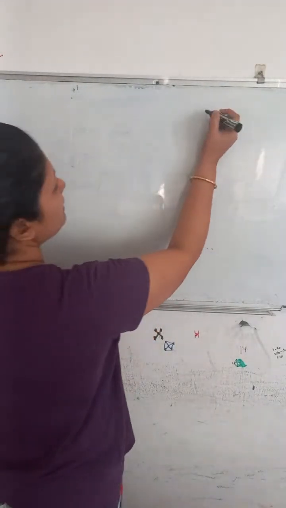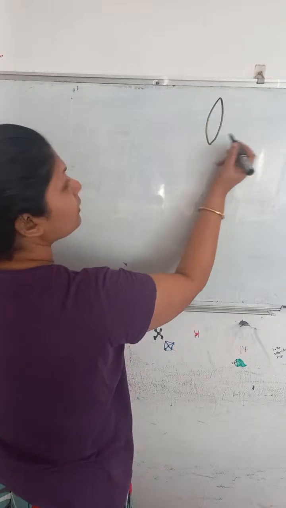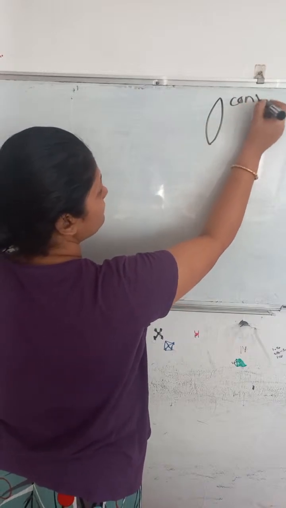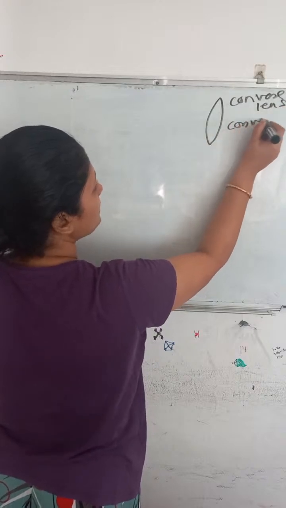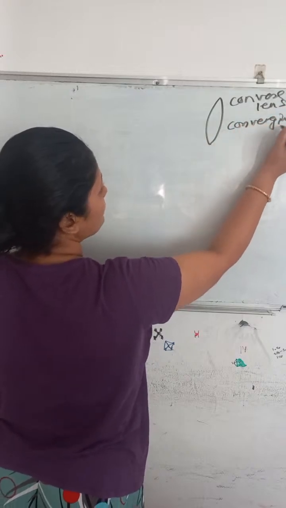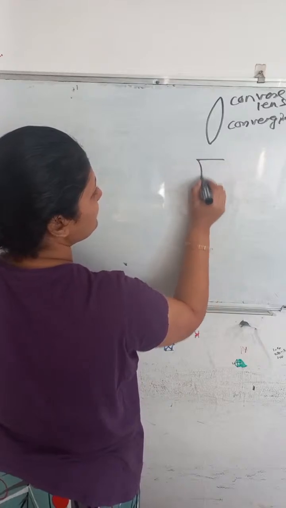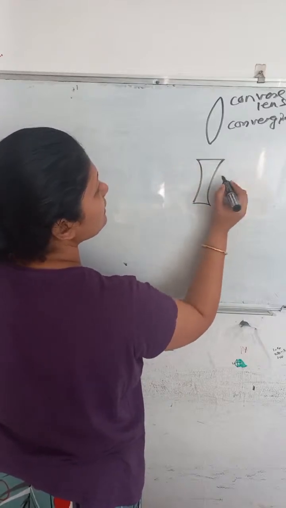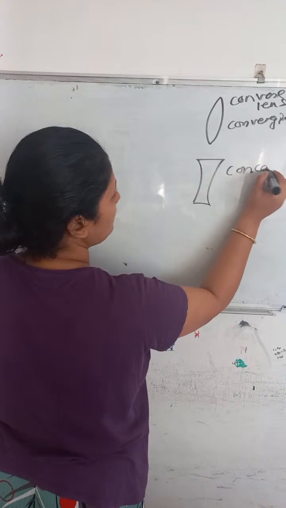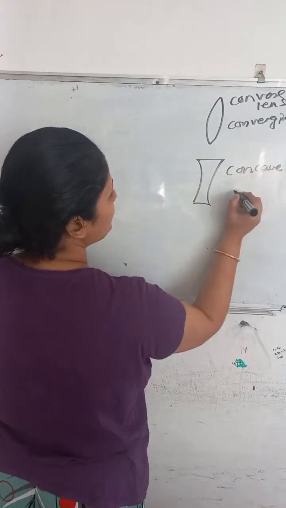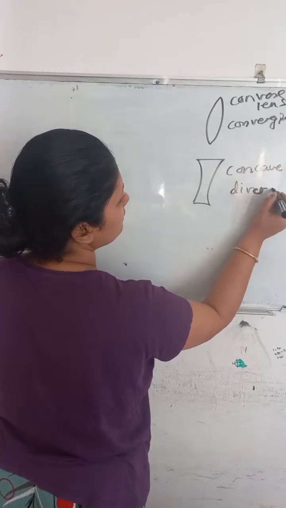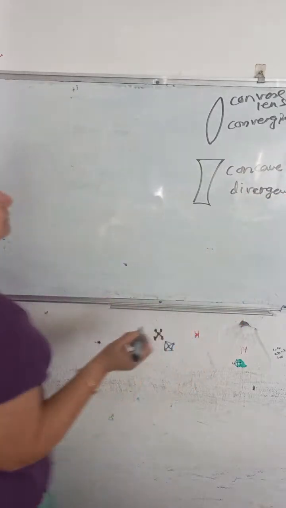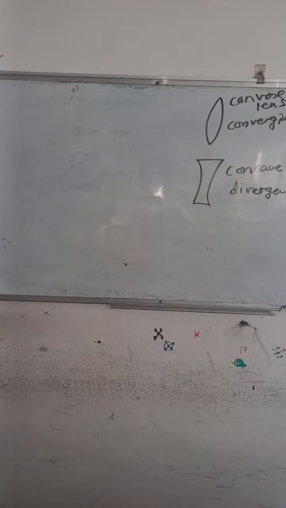So this is your convex lens, and this convex lens is also known as converging lens. And this is your concave lens, and it is also known as divergent lens. So this is the first bit we did.